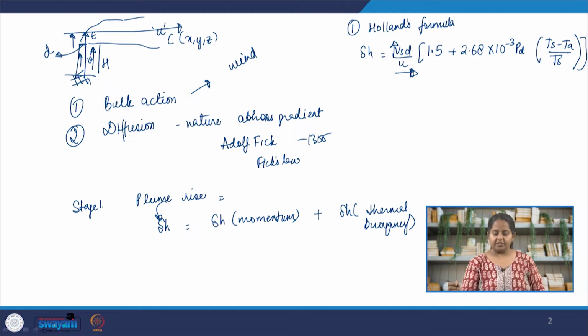So this is Holland's formula, and we are going to take a closer look at it and try to understand which part of the formula is talking about plume rise due to momentum and which part is talking about plume rise due to thermal buoyancy.